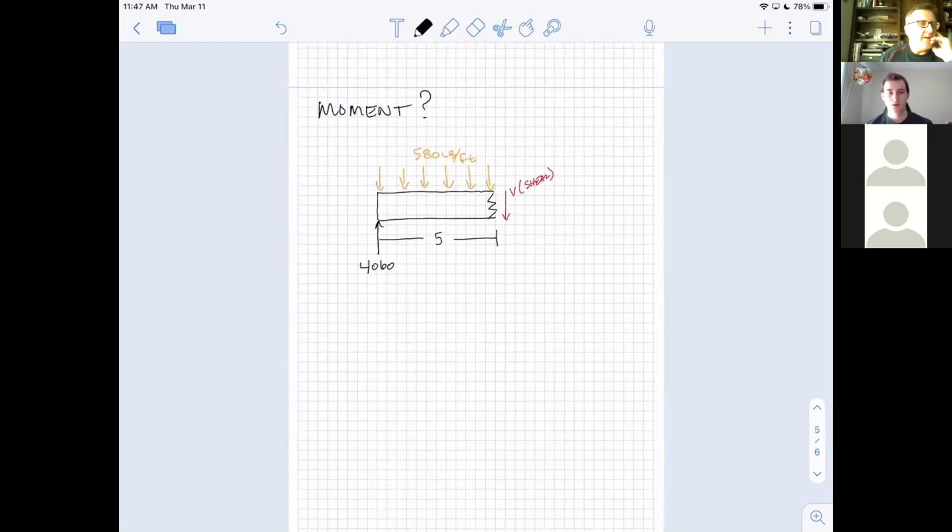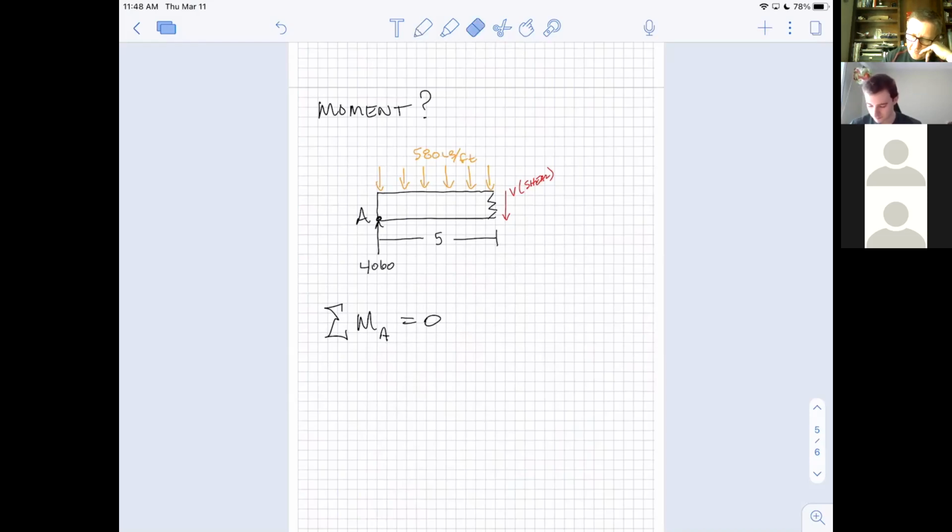Again, that starts with 5 feet. And we had earlier called this point A. And so don't I need the sum of the moments around A to be 0? Remember, in the method of sections, we don't know about the other side of the beam. We just know it's connected there.